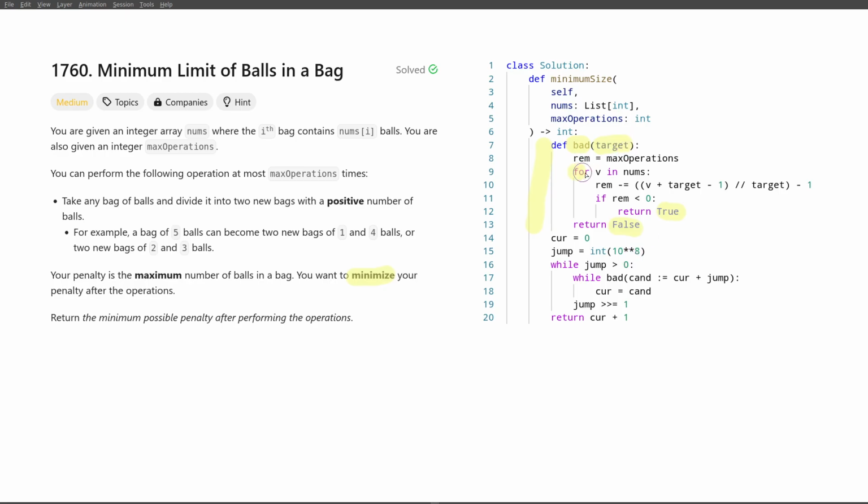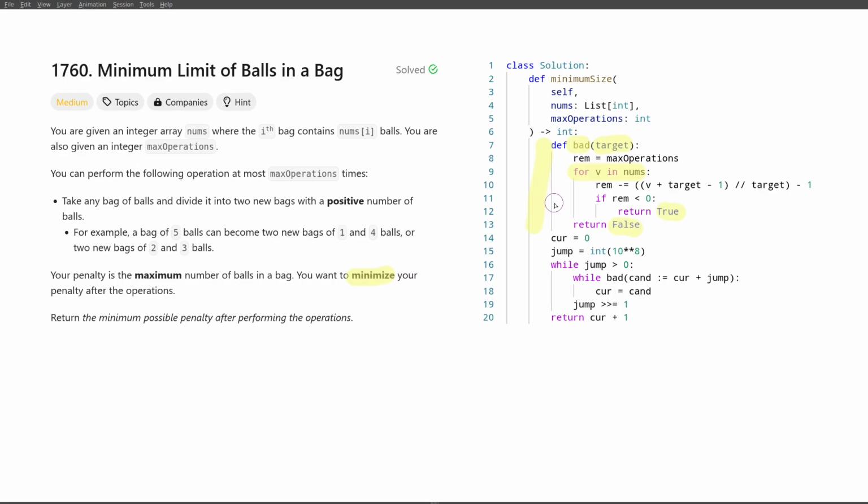And now for every value v, we have to split that value into some bags, such that the numbers of balls in all those bags are below target, or at least not exceeding target, which means that the total number of balls in this bag divided by our target is the number of bags that we have to make.